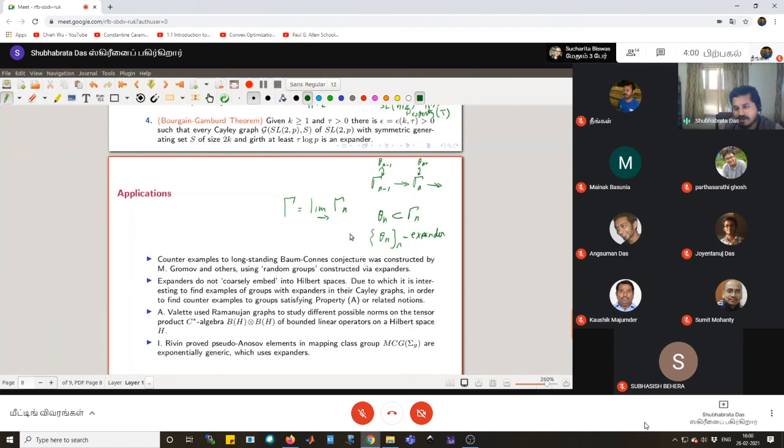And these constructions are also quite remarkable. This was by Gromov, and in constructing such a family of groups, such quotients, he introduced a model called random groups.